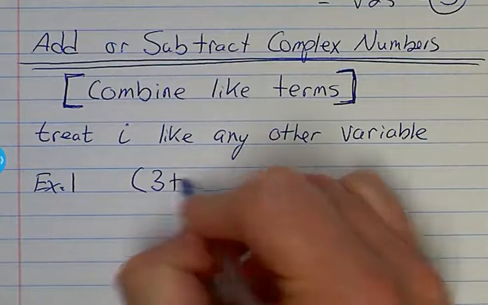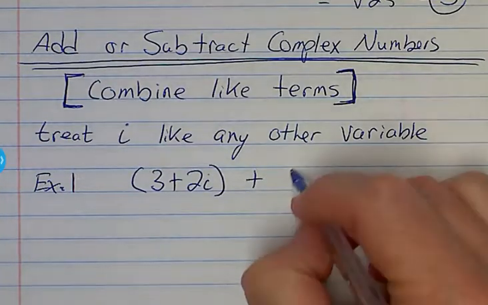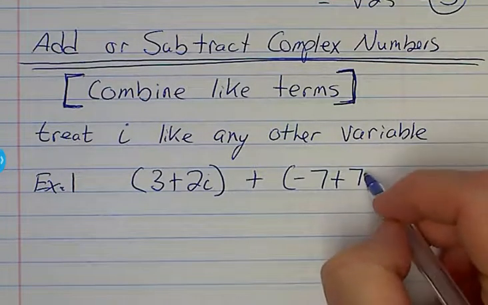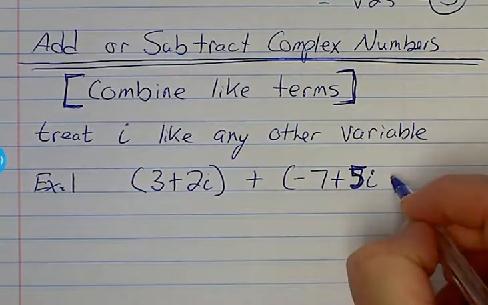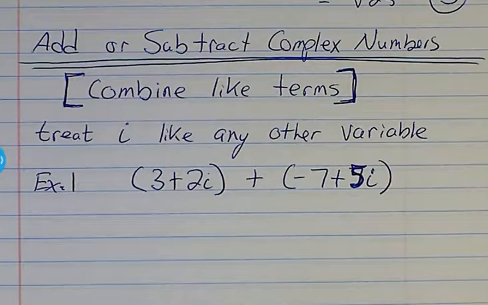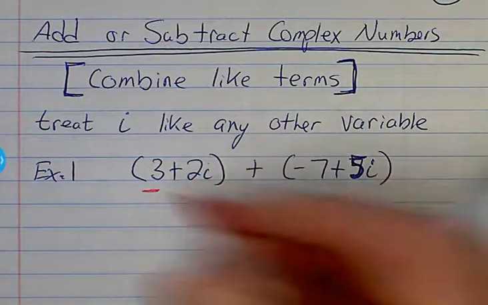So it looks something like this. Let's say you've got 3 plus 2i, and they're going to ask you to add that to negative 7 plus 5i. So find your like terms. Well, that's going to be the 3 and the negative 7.